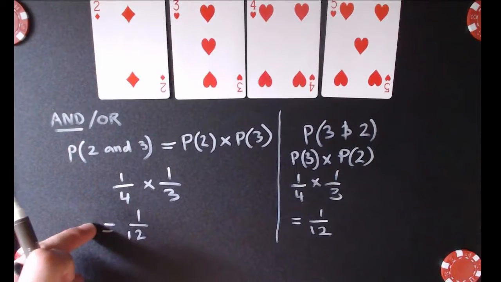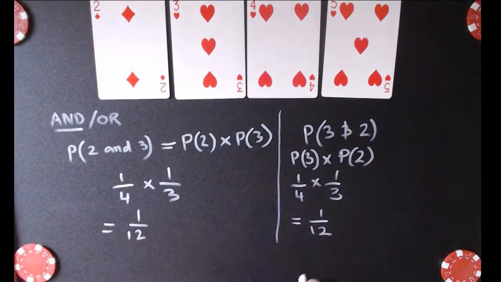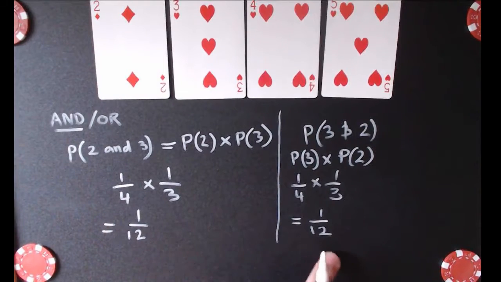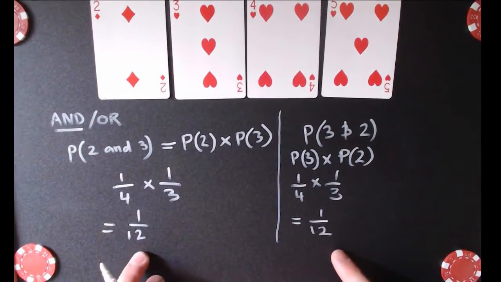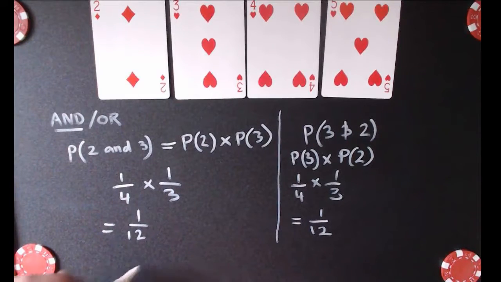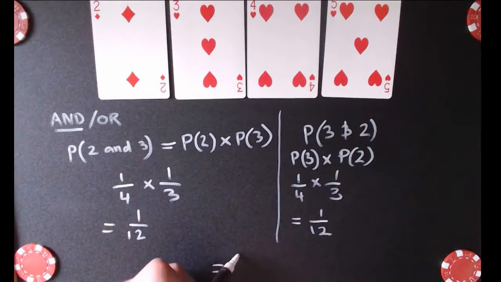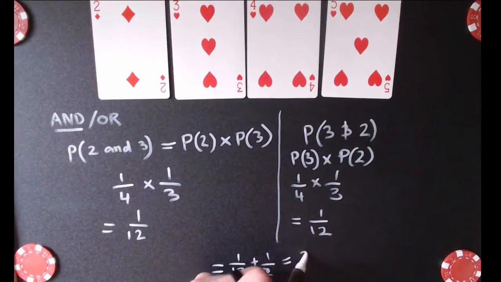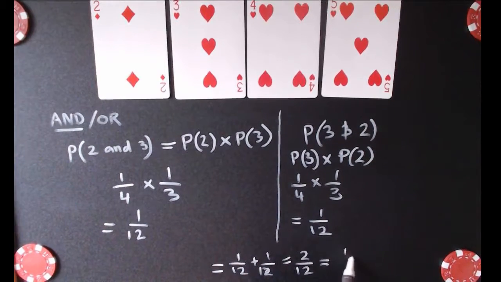So this gives me what I want, but this also gives me what I want. So I could choose this, and I could choose this. So if I've got 2 combinations, I just add them together. So this becomes 1 over 12 plus 1 over 12, which gives you 2 over 12, or I can simplify that to 1 over 6, as I saw before.